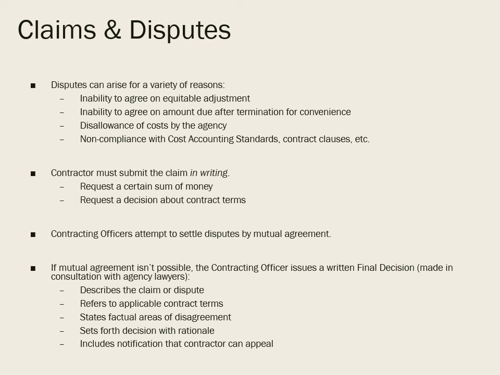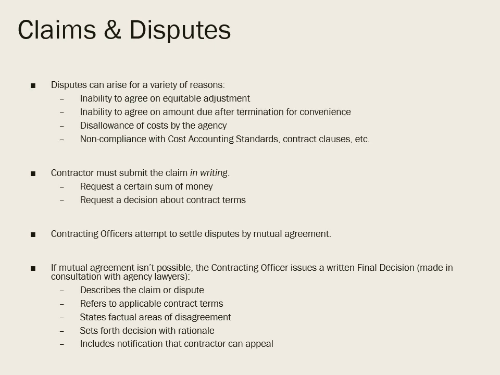The contractor and the contracting officer will try to settle these disputes via informal negotiation. If that isn't possible, the contracting officer will issue a written final decision that basically sets forth the claim or dispute and gives the contracting officer's decision on it with the contracting officer's rationale.